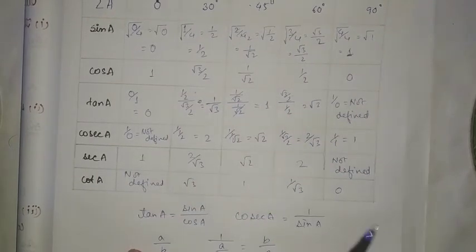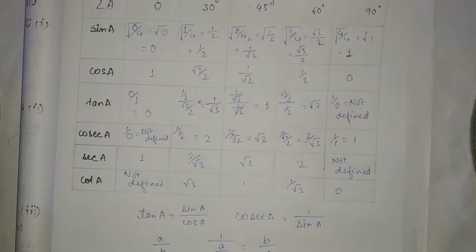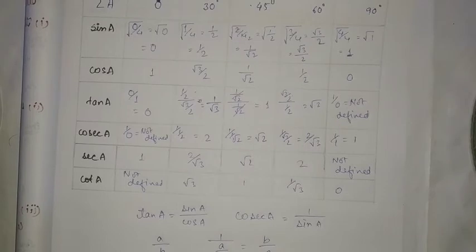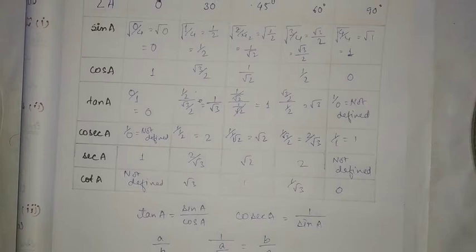I hope you are clear with this, because this table is very important for calculations and many applications of trigonometry. You can't remember this table in one day. By practicing, by regularly watching the table and using it, you can understand how it comes, and it will just stick in your mind.